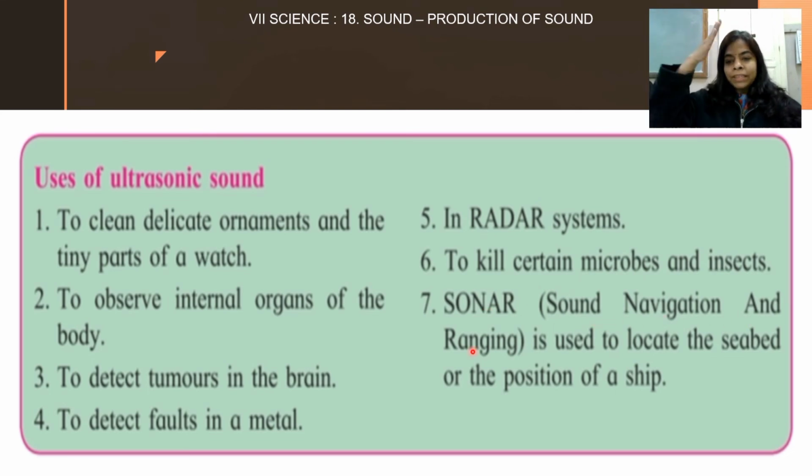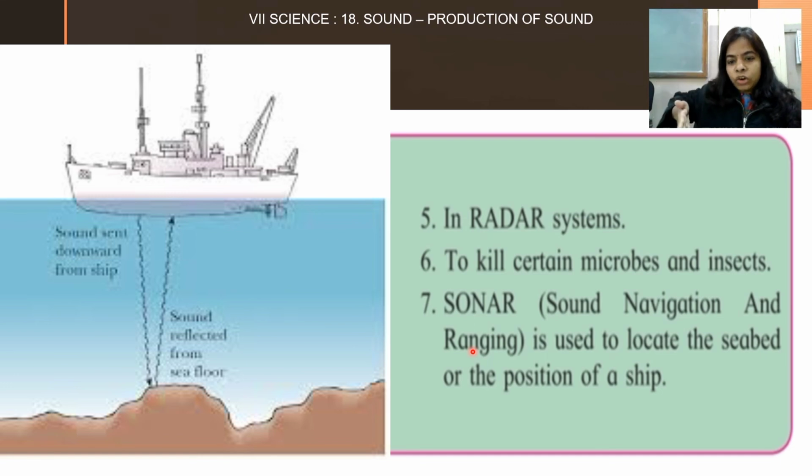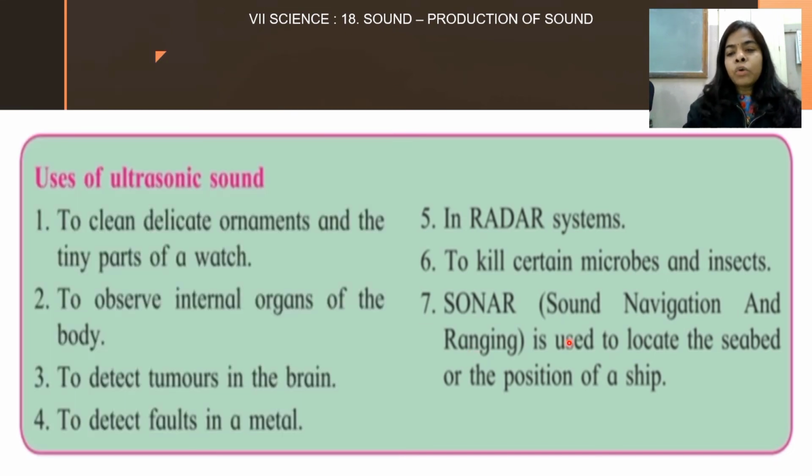It is used by the ships, children. They are sending the sound waves and the sound waves are coming back again, and that's how they are able to find the depth of the ocean. That's how they are able to find the seabed. Sonar, sound navigation and ranging, is used to locate the seabed or the position of a ship.